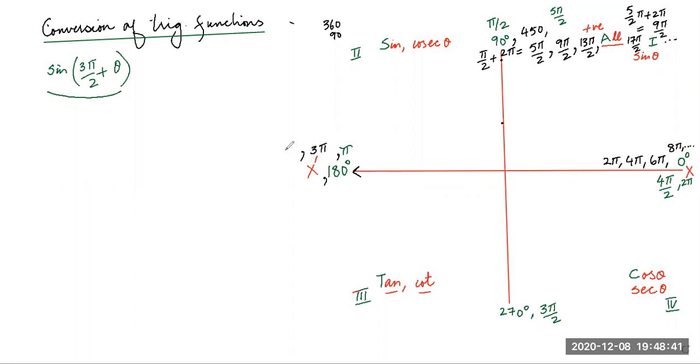After 3 pi, one more revolution, 5 pi. After 5 pi it will be 7 pi, right? So pi, 3 pi, 5 pi are all on the negative x-axis, and 2 pi, 4 pi, 6 pi are all on the positive x-axis. In total, we can say 0, pi, 2 pi, 3 pi, 4 pi, 5 pi are all on the x-axis. Have you understood this, students?